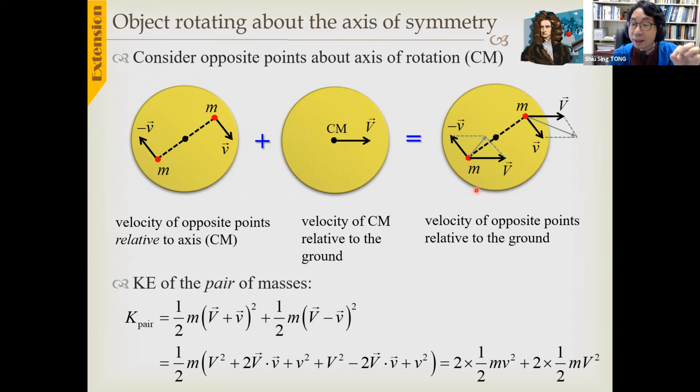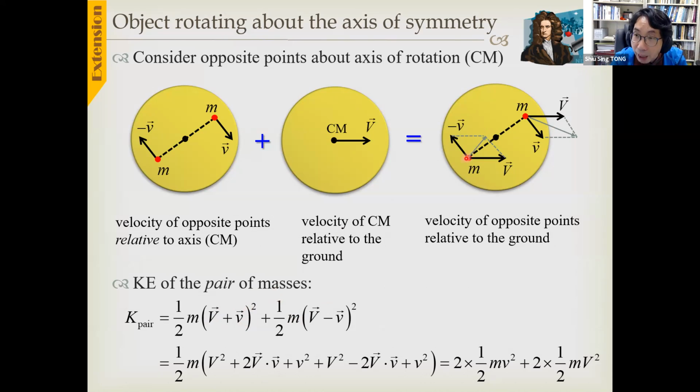But if you consider the kinetic energy of this pair, you can simplify the situation a little bit. Let us consider the kinetic energy of this pair of particles. For the first particle, you have 1/2 m v squared, but the v is the total velocity, so it is the capital V added to small v, and you square it.